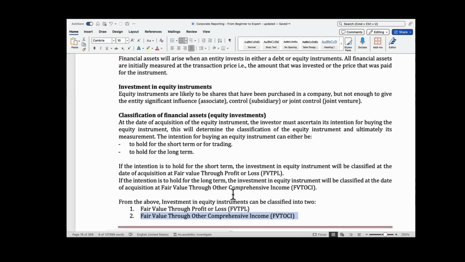This one we need to know. It's important so that when you're reporting it, people won't be asking questions. From how you have classified it, we will understand why you have bought it. That is why this classification is necessary.